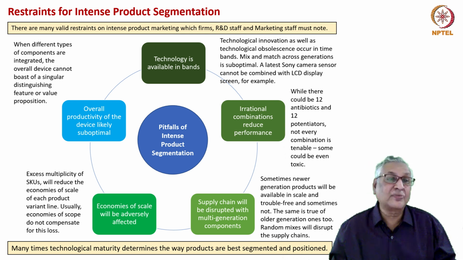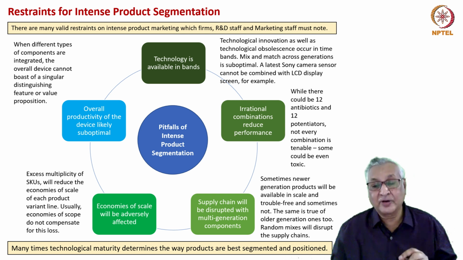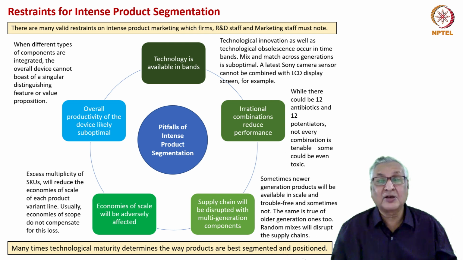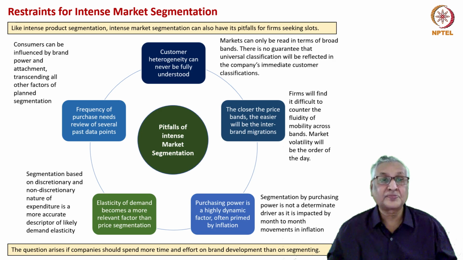When different types of components are integrated, the overall device cannot boast of a singular distinguishing feature or value proposition. Many times, therefore, technological maturity determines the way products are best segmented and positioned based on matching technological trends and capabilities of the components and systems which are internal to the product.